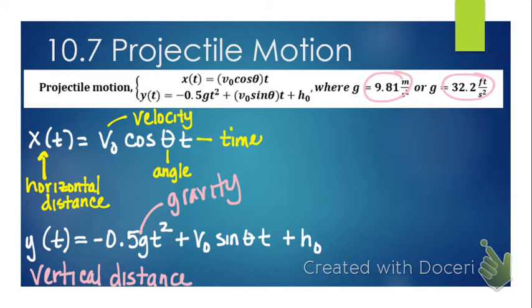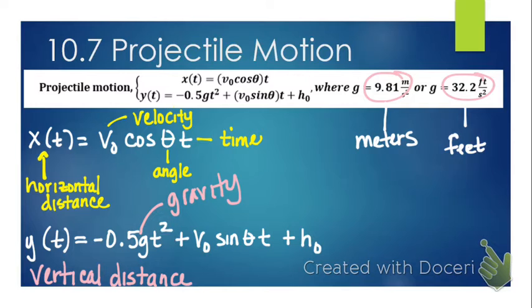If the unit of measure for distance is in meters, we're going to use the 9.81. But if we're talking about feet, gravity, we're going to use the 32.2. So this G is one of these two numbers, depending on the unit of measure.